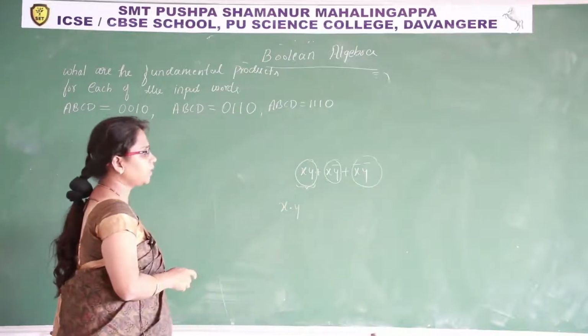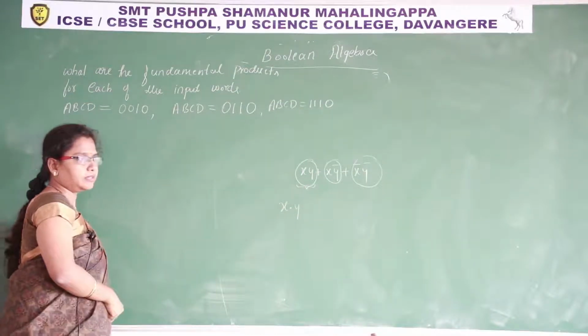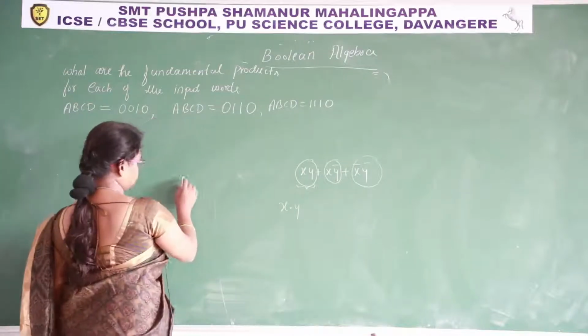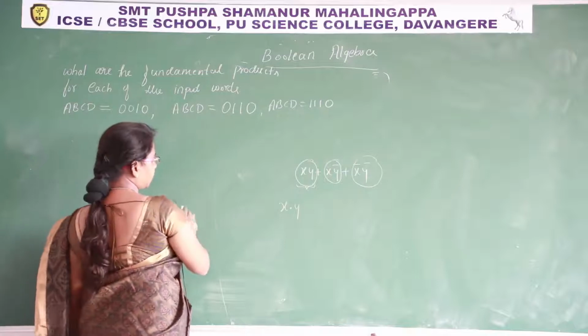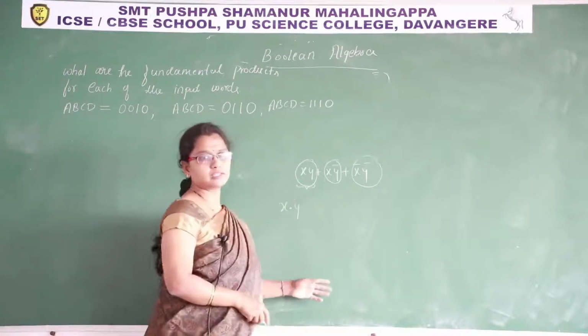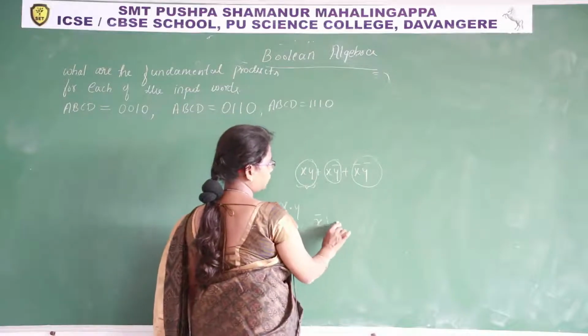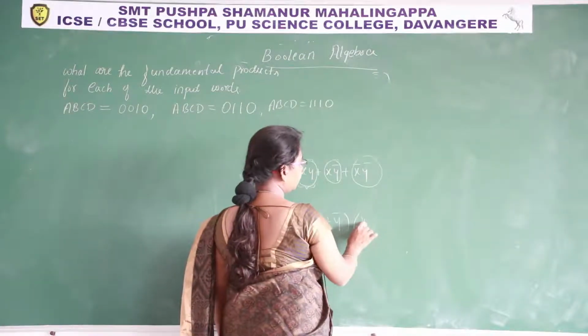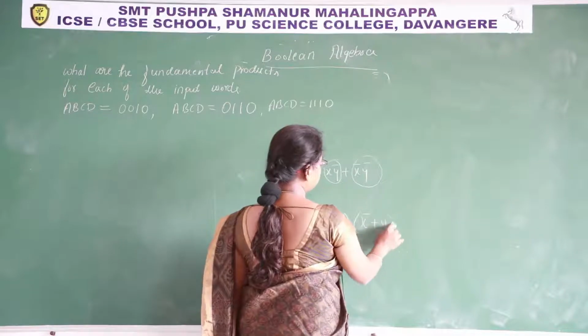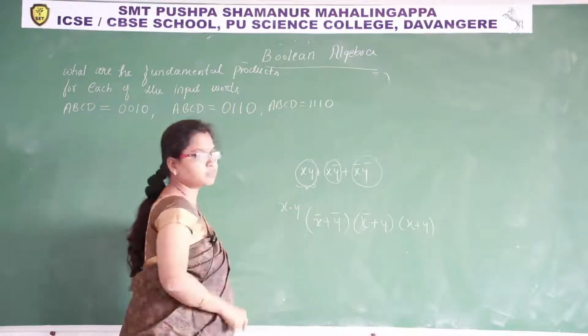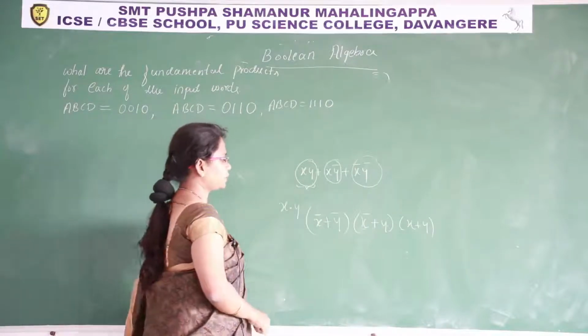In any Boolean expression you consider, either it is a sum of product or it is a product of sum. How would it be a product of sum? If you take the complement of this, you will get a product of sum. For example, X bar plus Y bar into X bar plus Y into X plus Y. It is a complement of this given SOP expression.